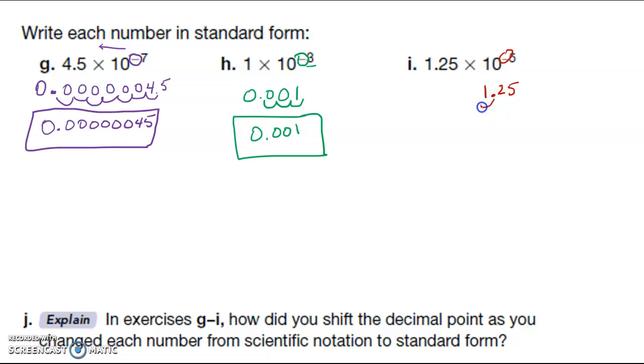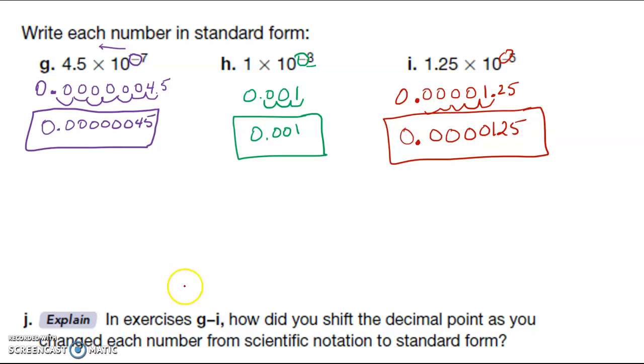I'm going to move this 5 times: 1, 2, 3, 4, 5. You can't leave the other decimal point there, so that's why I always rewrite it underneath.